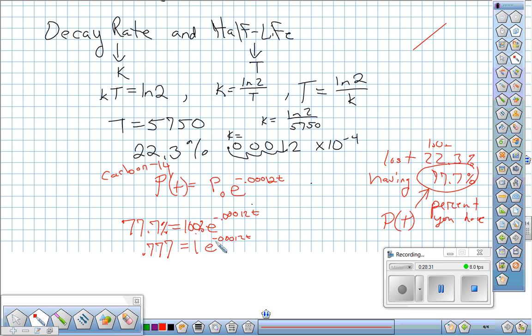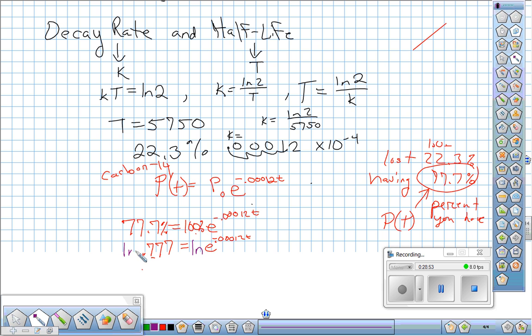0.00012t. I don't actually have to divide by 1, however I will just for the sake of doing it. If I divide by 1, I would just be left with the 0.777 and this e side. I'm going to then take the natural log of both sides.